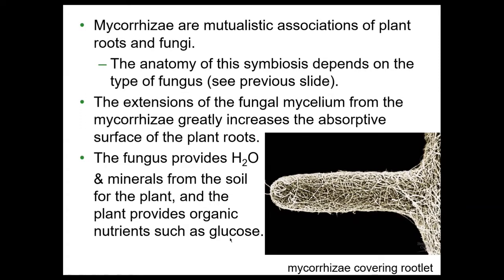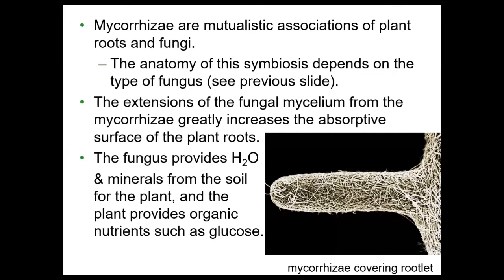I've heard, and it's hard to believe, that up to a third of the photosynthetic products get consumed by the fungus, which is bordering on parasitism, but this is supposedly mutualism. And obviously, the next slide will show that the plants do better when they form these relationships. Now, another thing you might be surprised to learn is that the fungus, in some cases, will make antibiotics for the plant. Isn't that neat?